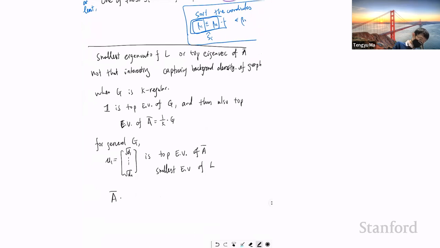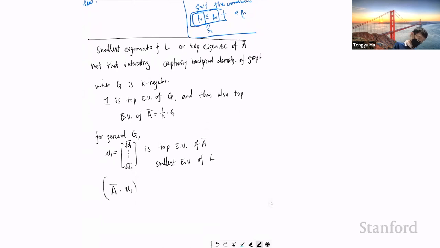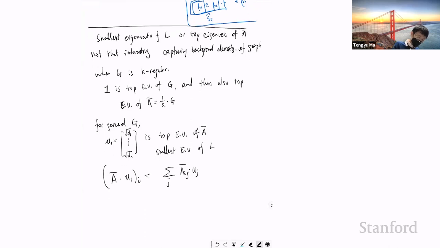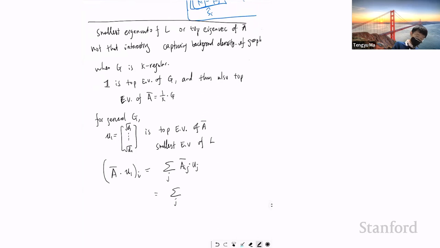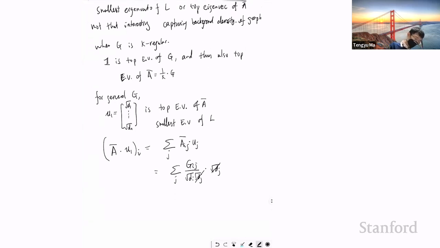Take A bar times u1, and look at the i-th coordinate. This equals the sum over j of A bar ij times uj. A bar ij is a scaled version of the graph, so Gij over square root di square root dj, and uj is square root dj. You first cancel these two, and you get 1 over square root di in front.